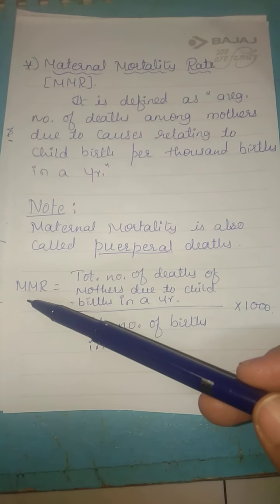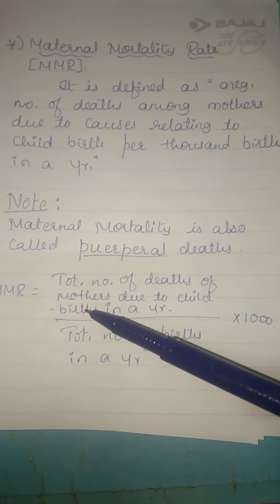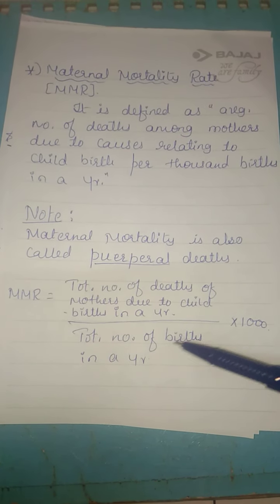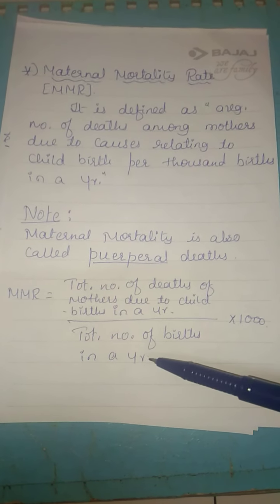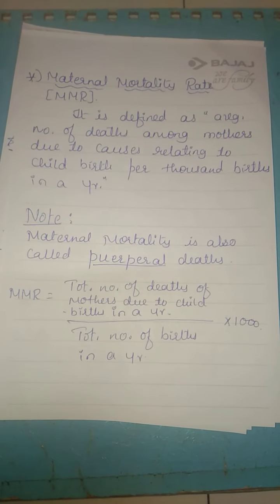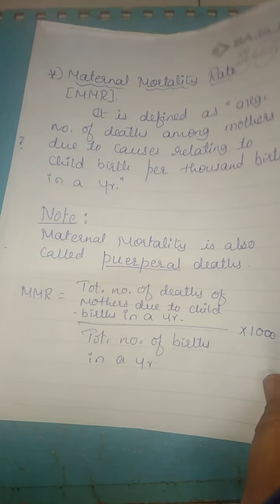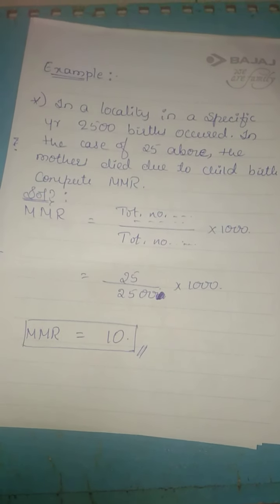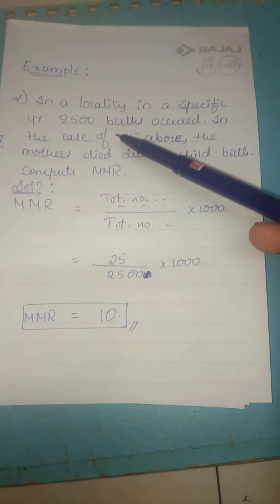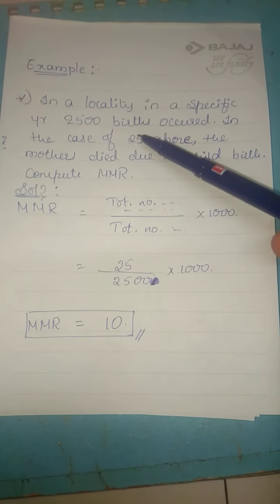Here is the formula: MMR is equal to the total number of deaths of mothers due to childbirths in a year by the total number of births in a year, into 1000. Here is an example. In a locality, in a specific year, 2500 births occurred.